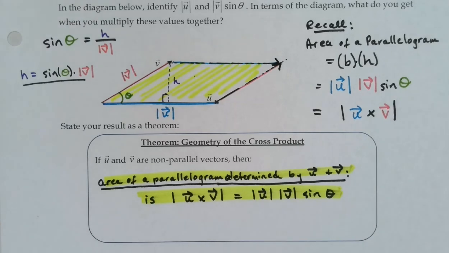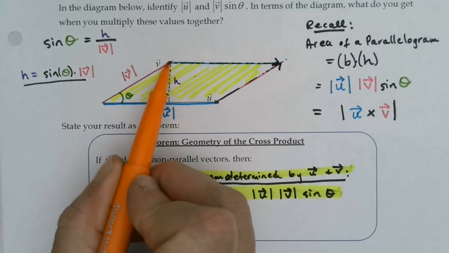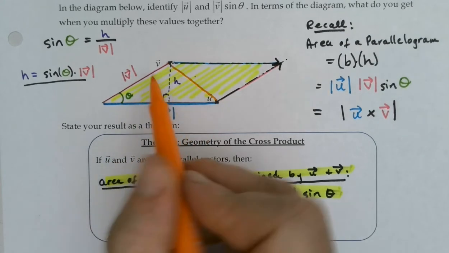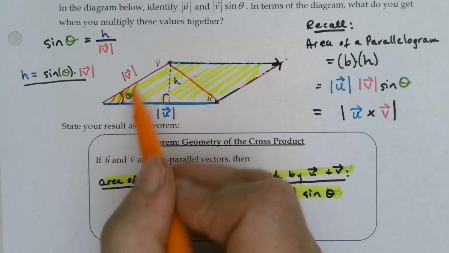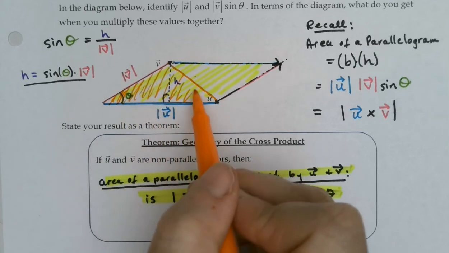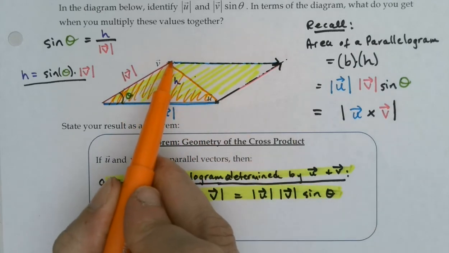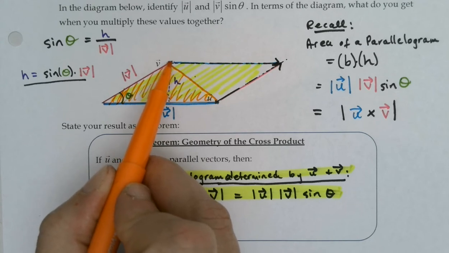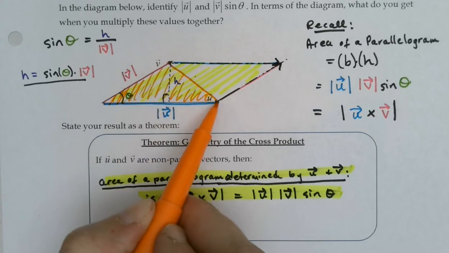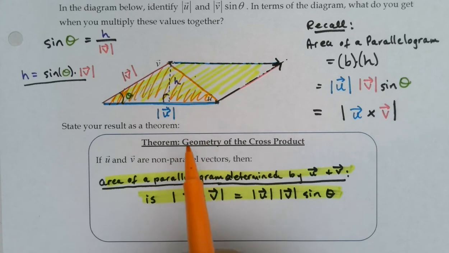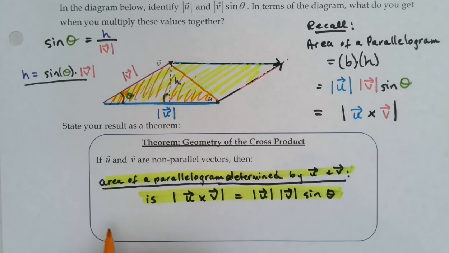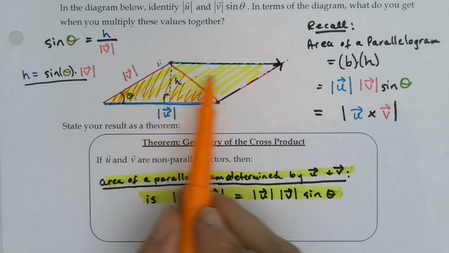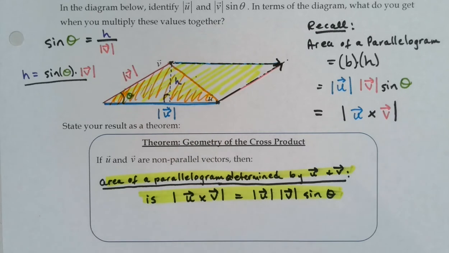But wait, there's more. Because not only is there a parallelogram there, but there's a triangle there. So if I take the two vectors, u and v, they also form a triangle. If you take a cross bar from the tip of the v vector to the tip of the u vector, there's a triangle in there. And we could find the area of that triangle because the area of the triangle must be half of the area of that parallelogram.